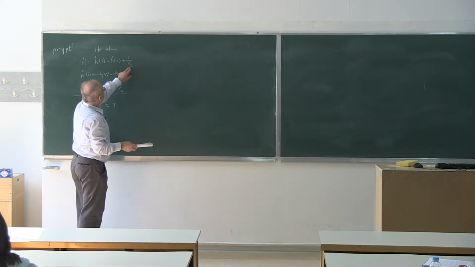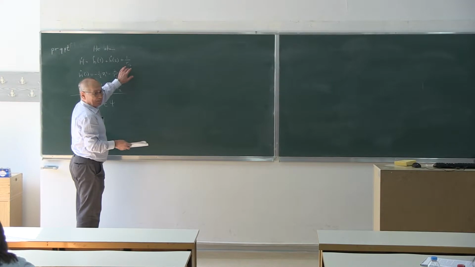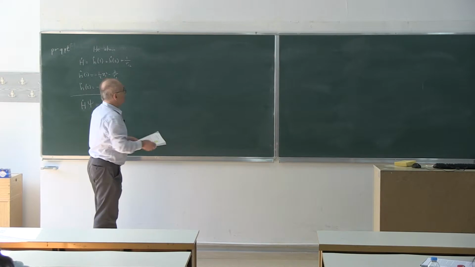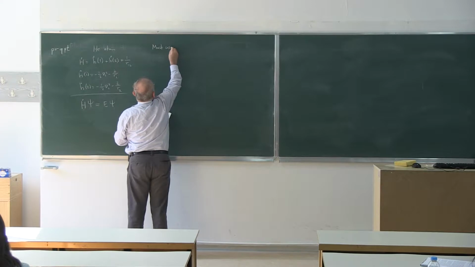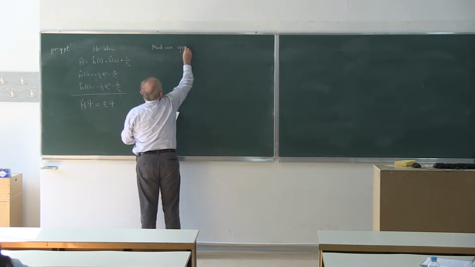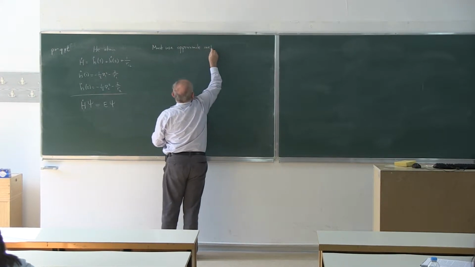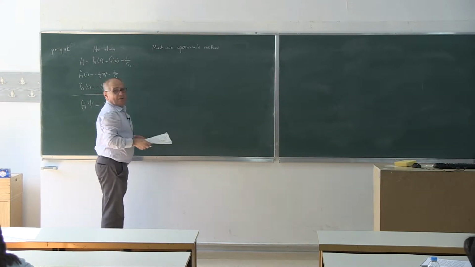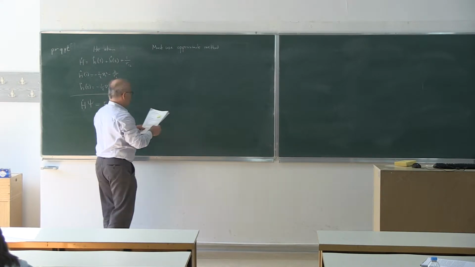Because of the interaction term, this Hamiltonian is not separable, and we have to use approximation methods. A very important approximation method is called the variation method.